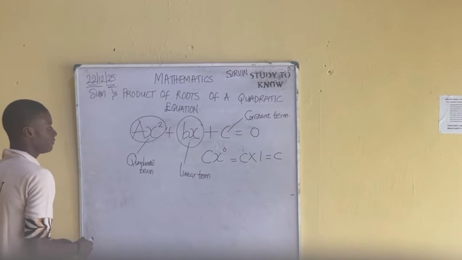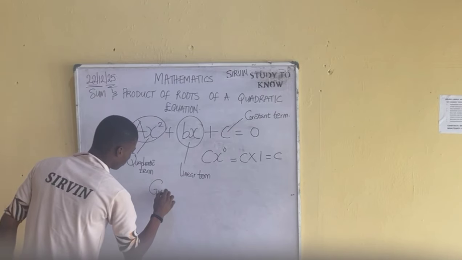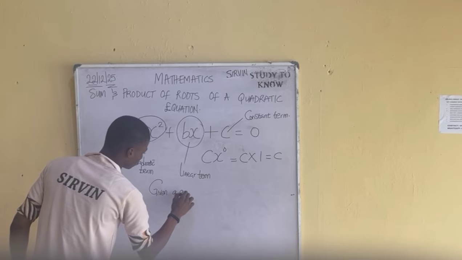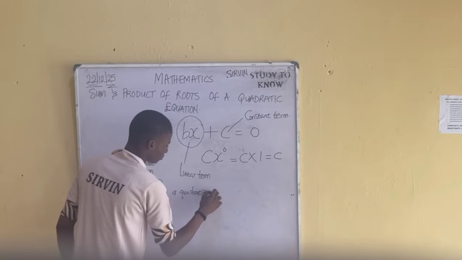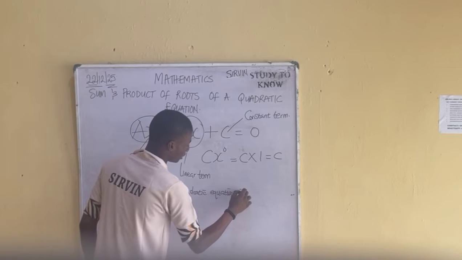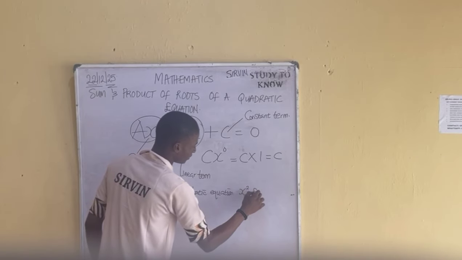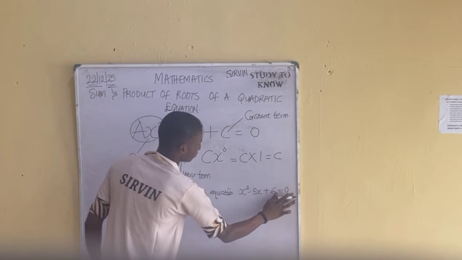So let's say given a quadratic equation, x squared minus 5x plus 6 equals 0.